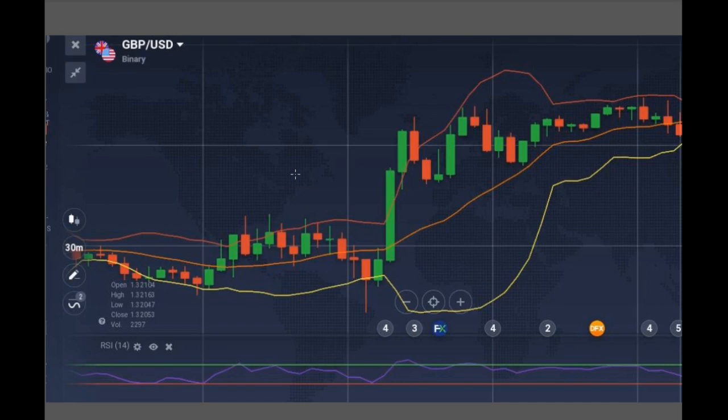Okay, so what you're looking for, as usual, is a cut outside the Bollinger Band. Then you want a retracement back into the band, and then you want price to move back up to continue the trend, and you want the price to cross or cut the previous resistance level.